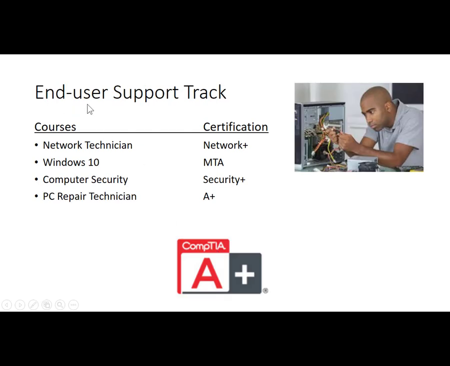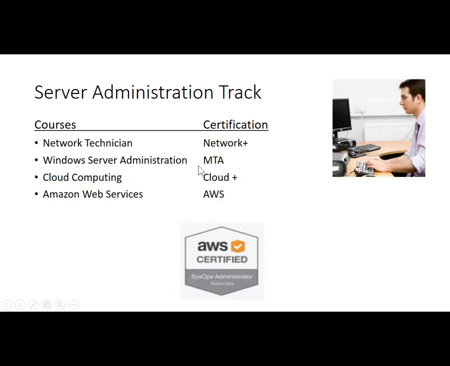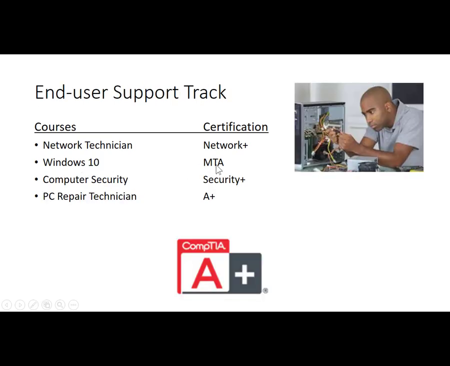And then the end user support track was just designed for the technician at the customer site. He has the network technician certification. You can see they all have to do that. He takes the latest version of Windows, which right now is Windows 10, and gets the MTA, the Microsoft Technical Associate. There are a couple of different MTAs, so you can be Microsoft Technical Associate for Windows 10 or for Windows Server.